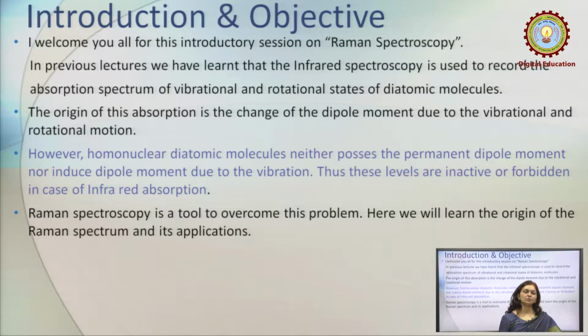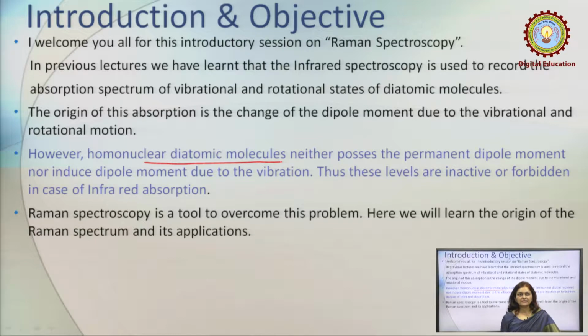In the selection rules, we found that IR spectra is formed when there is a change in the dipole moment. However, homonuclear diatomic molecules possess neither a permanent dipole moment nor an induced dipole moment due to the vibration.